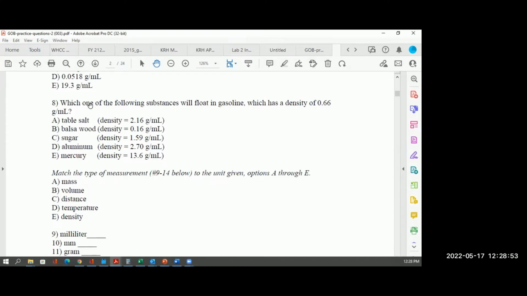Okay, so which of the following substances will float in gasoline, which has a density of 0.66 grams per milliliter? So what is going to float?